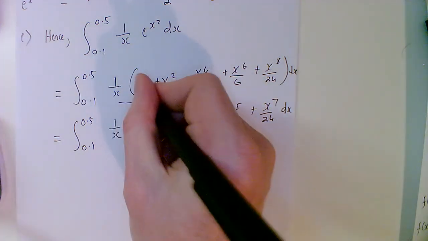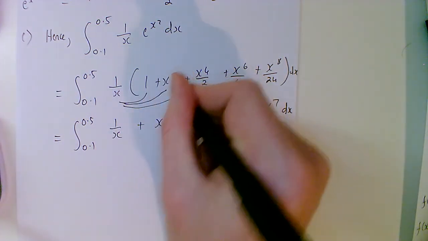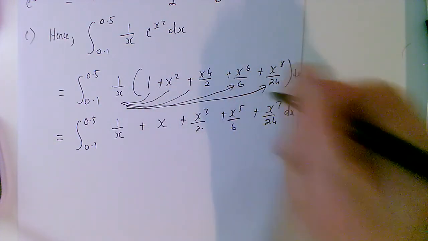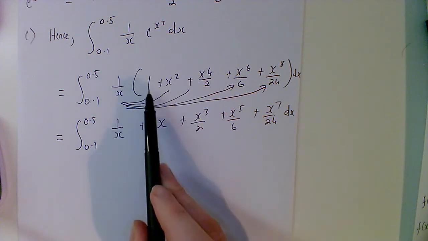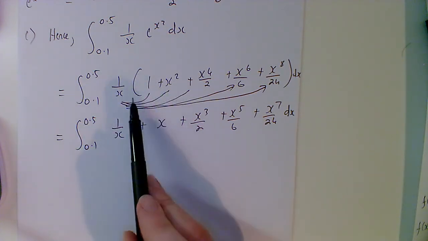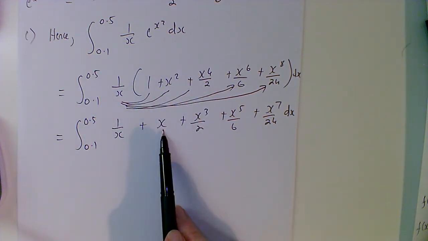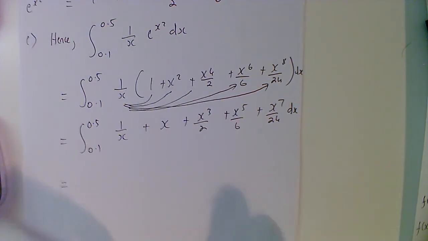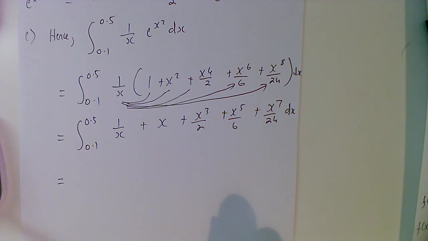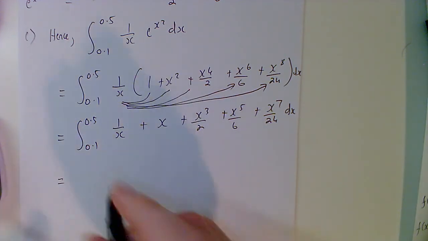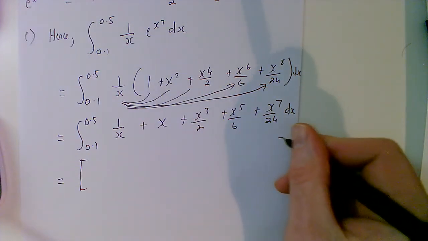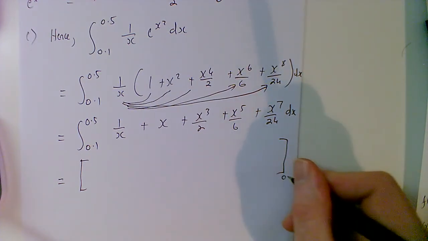So I'm just multiplying everything by 1 over x, basically, all the way along. Right. So 1 over x times 1 is 1 over x, 1 over x times x squared is x, etc, etc, etc. Right, now, remember we've got to integrate this now. Now, we change the limits, because it's definite integration.